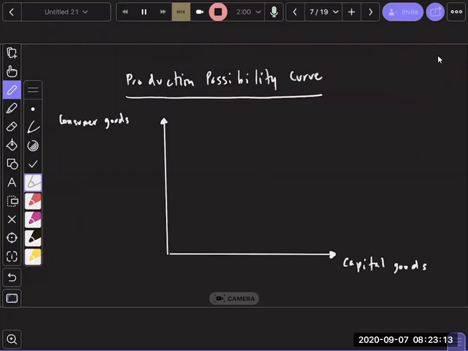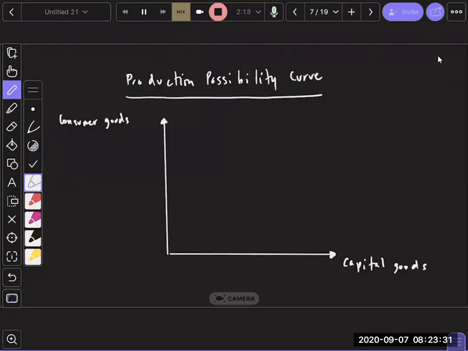The consumer consumes the good and does not use it to produce future goods and services. On the other hand, capital goods are those goods that a consumer, an individual or a firm might buy to produce more goods in the future.